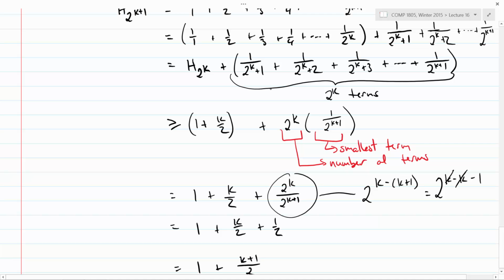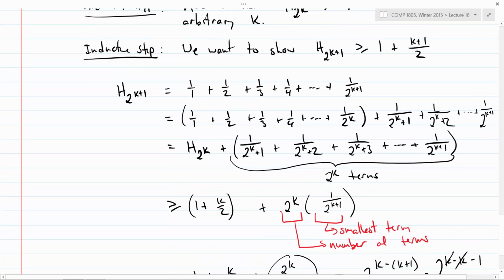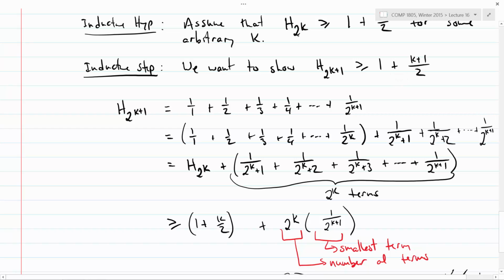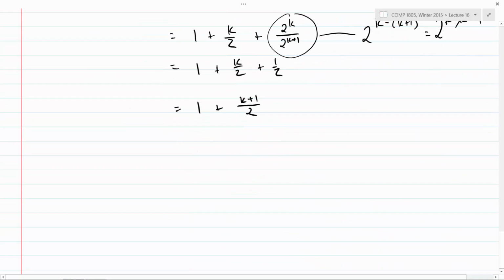Because we didn't go to the next term, we went to the next value of k, and that added 2 to the k many terms. The way you know that's going to happen is because the index that you're interested in isn't just k, it's 2 to the k. So when you increase k, you're not going to increase the number of terms by 1, you're going to increase it by 2 to the k. Does that make sense?